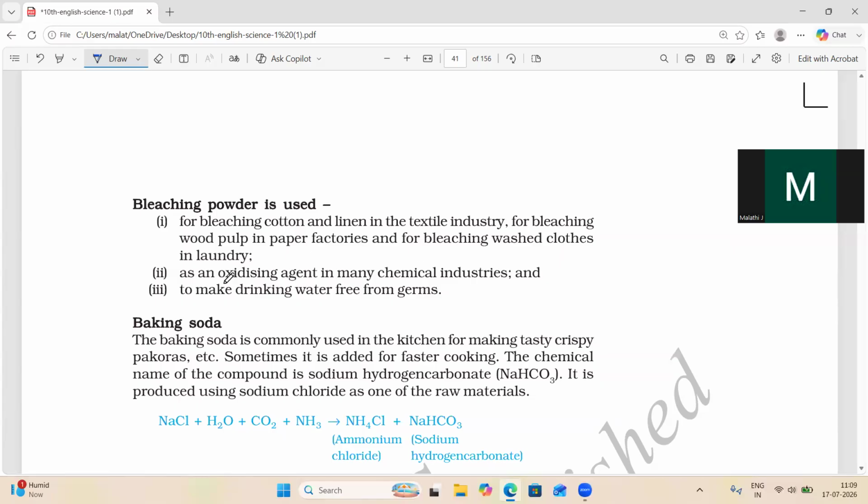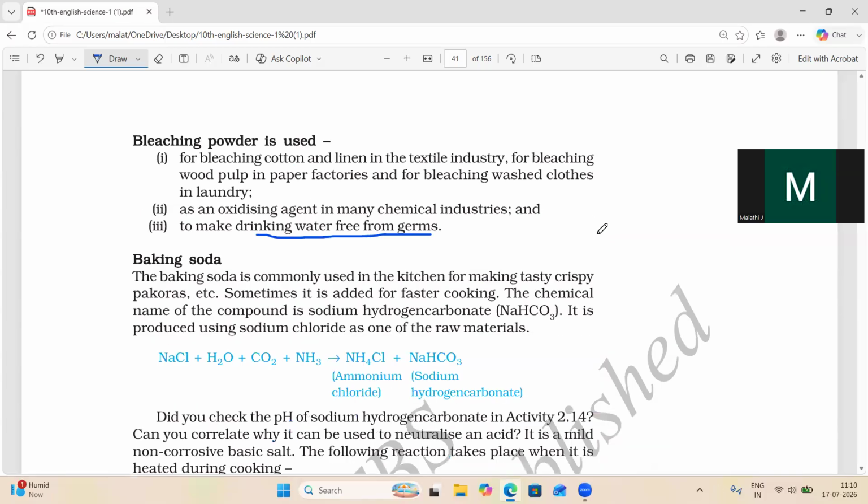It is also used as an oxidizing agent in many chemical industries, and for making drinking water free from germs. That is, bleaching powder is also used as a disinfectant. All these are the uses of bleaching powder.